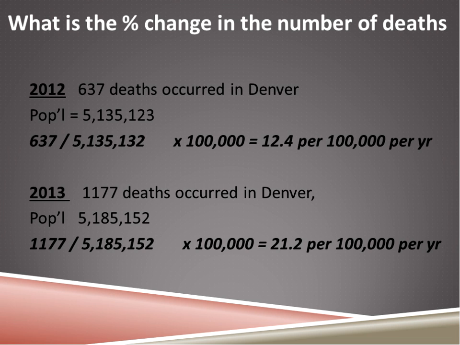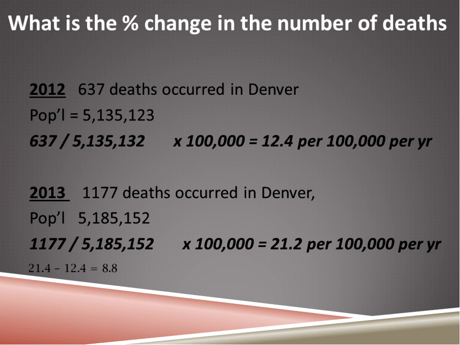we just do a calculation using our incident rates. So we had 21.4 incidents in 2013, and we'll subtract that from our incident rate in 2012, and we come up with our difference.